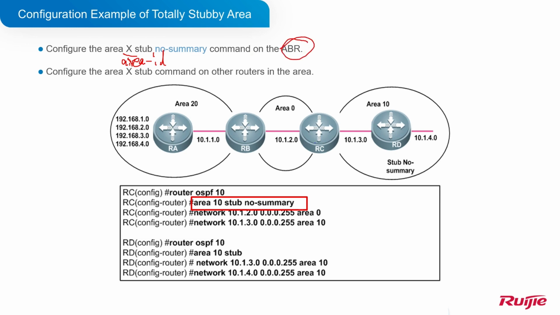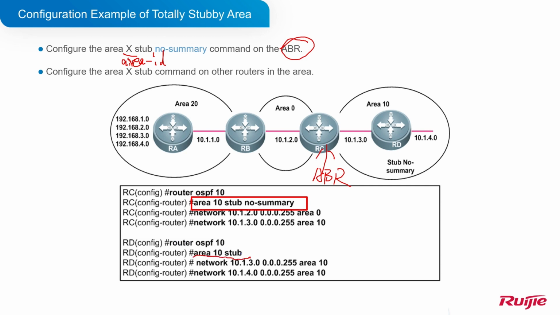So here we can see on this topology the RC device is the ABR device, right? And the RE is a totally stub area router. And we have to go to the OSPF process. So use router ospf 10 and then set the area 10 to become the stub area.